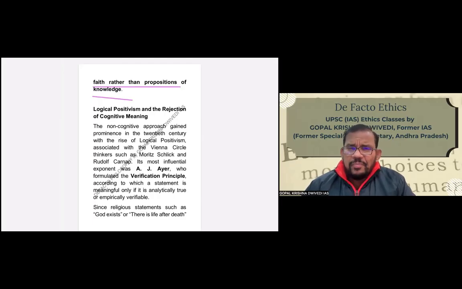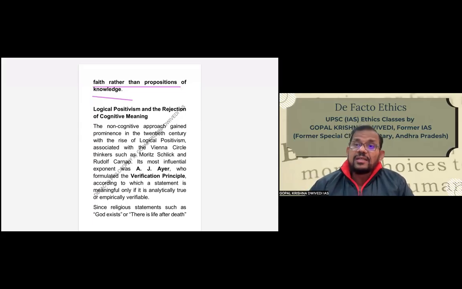Now, logical positivism, as I told, is directly related with this chapter of philosophy of religion, because they rejected the cognitive meaning of philosophical discourse and of religious language as well.